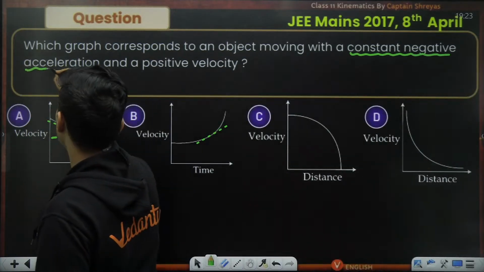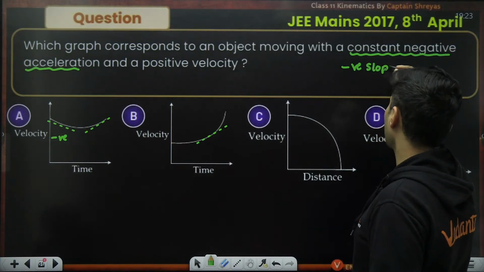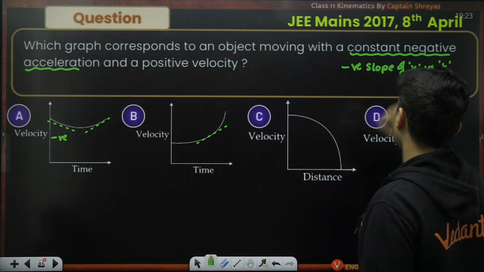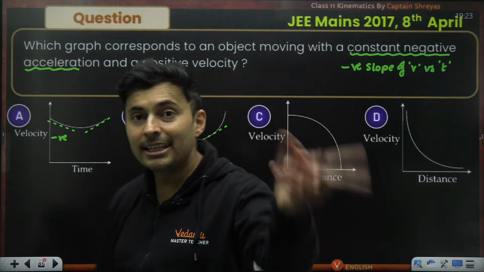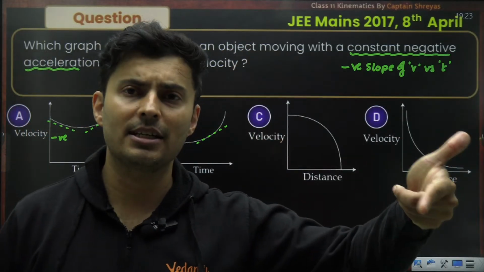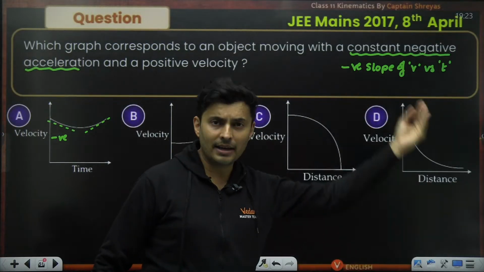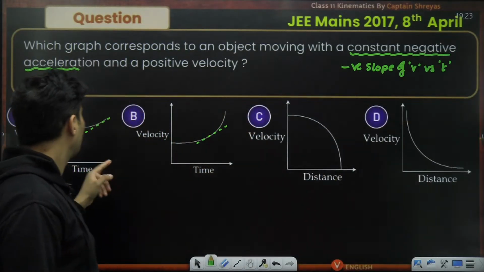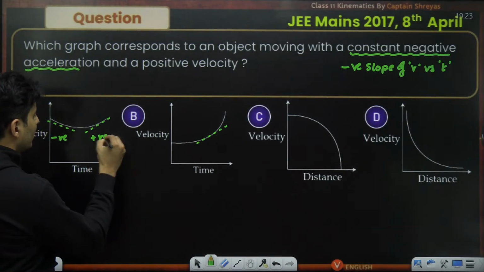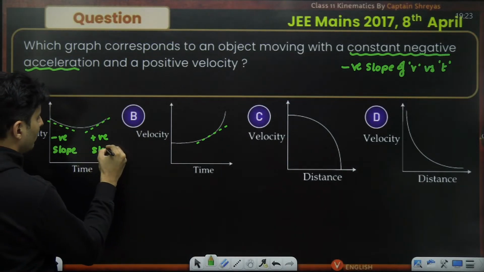Constant negative acceleration means negative slope of velocity versus time. Acceleration is the rate of change of velocity, so negative acceleration means negative rate of change of velocity. So the velocity graph has a negative slope. Here it has positive slope, negative slope and positive slope.